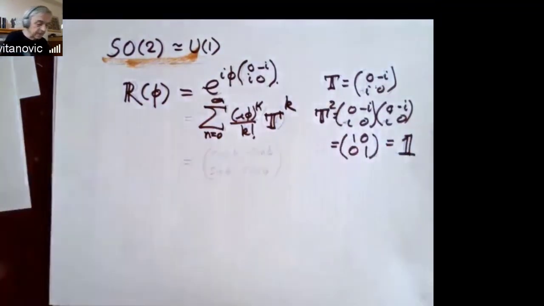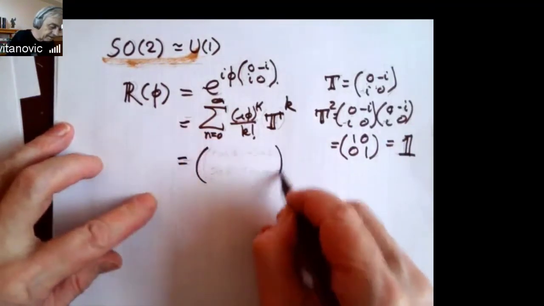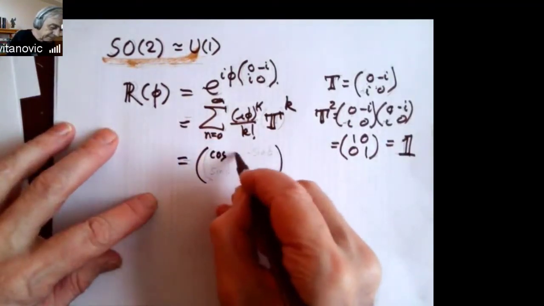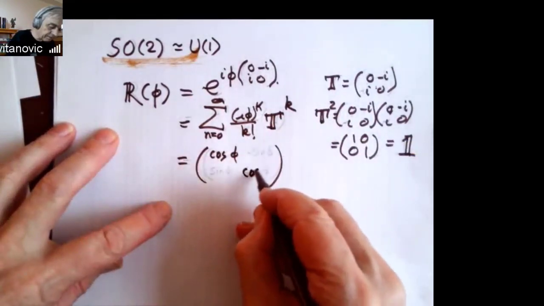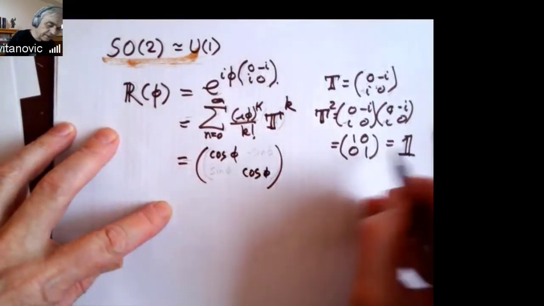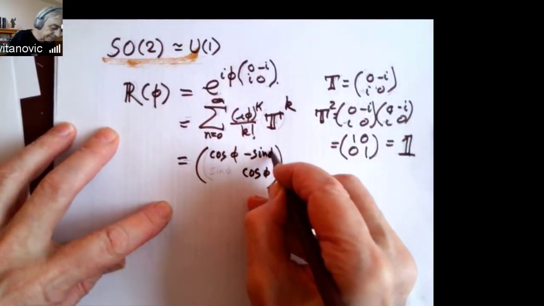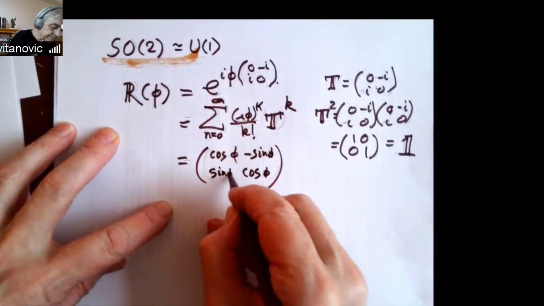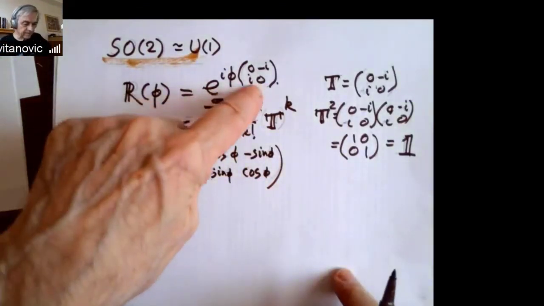And then you look at it and you realize this is actually just summing sines and cosines. So the diagonal part, every second power gives you the cosine series. The off-diagonal part gives you sines.